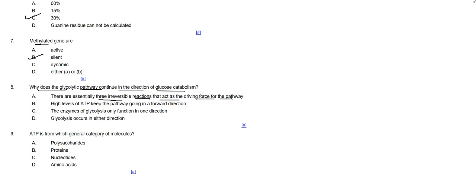So this is the reason why glycolytic pathway continue in the direction of glucose catabolism, because there are three irreversible reactions that are acting as a driving force for the pathway. Number 9 is ATP is from which general category of molecules? Okay, so ATP is from the nucleotide category. Okay.